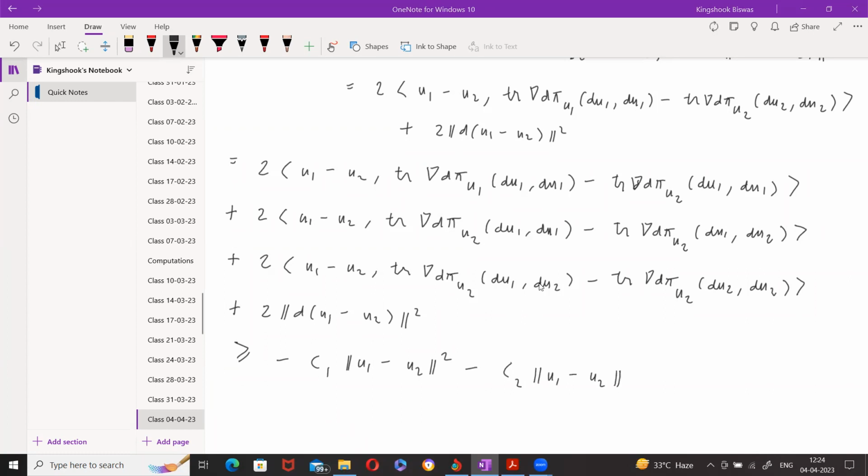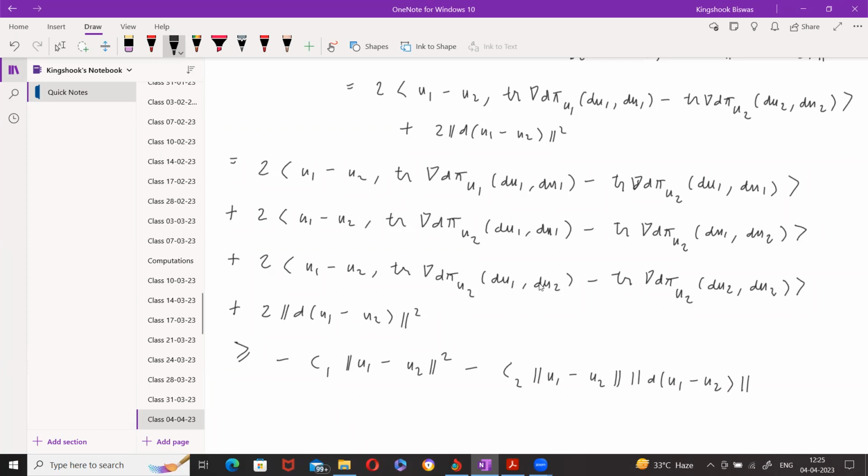And then here I have a du1, du1 and a du1, du2. So I'll get du1 and then I'll get d of u1 minus u2. Right. So du1 is bounded. So this will be bigger than minus a constant times norm u1 minus u2 times a norm of d of u1 minus u2.